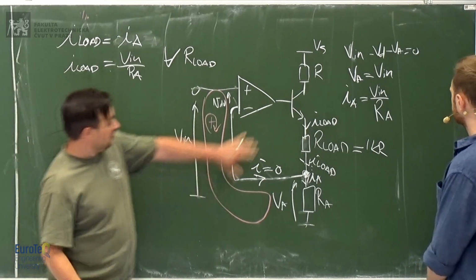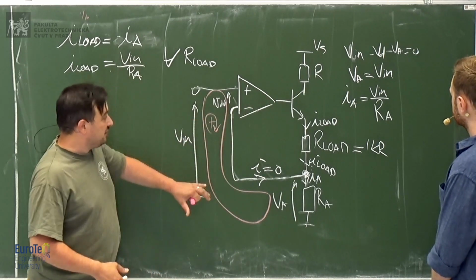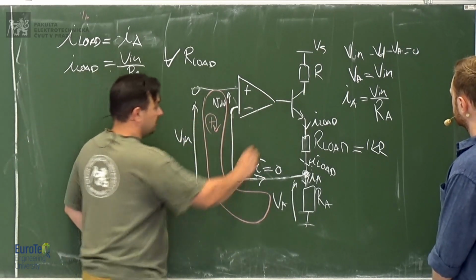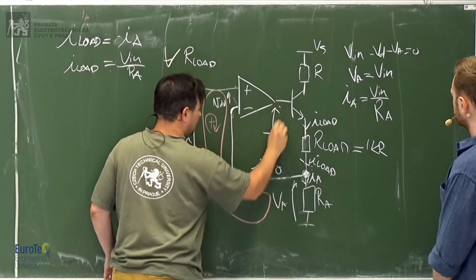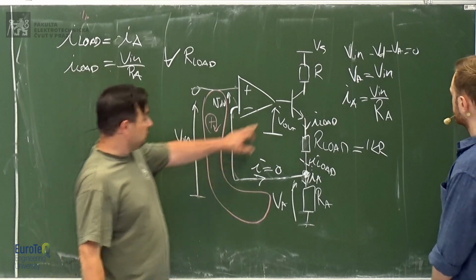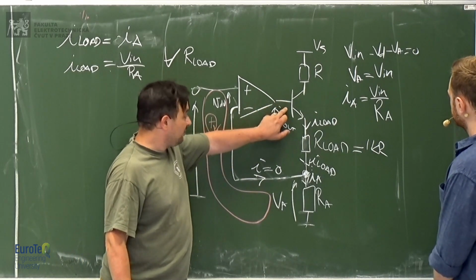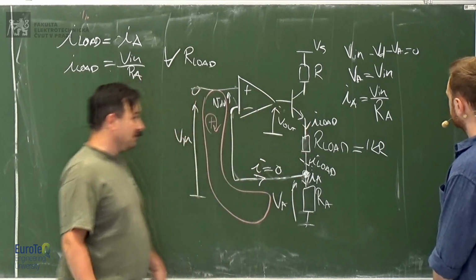The operational amplifier will generate a voltage V out large enough to pilot this transistor in such a way that it will provide this current.